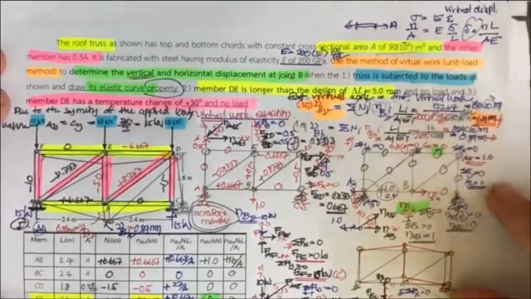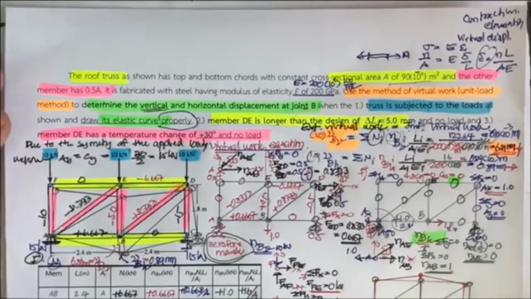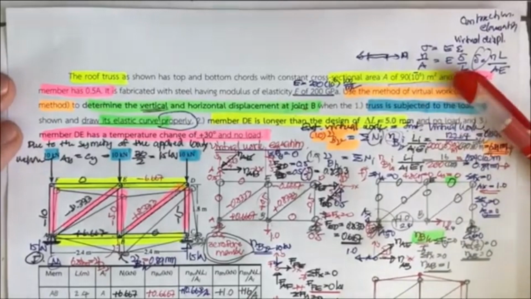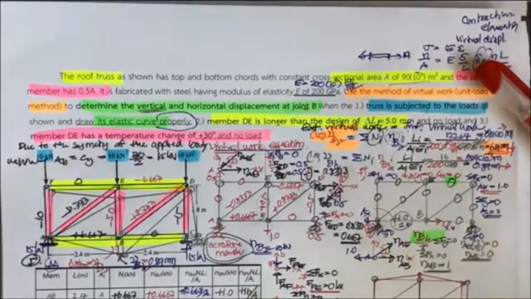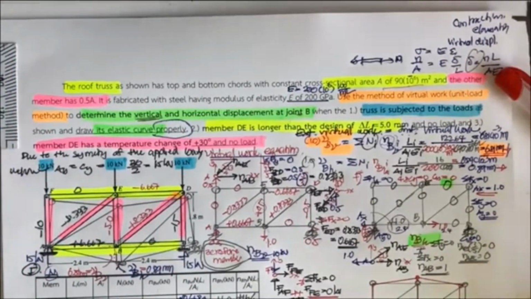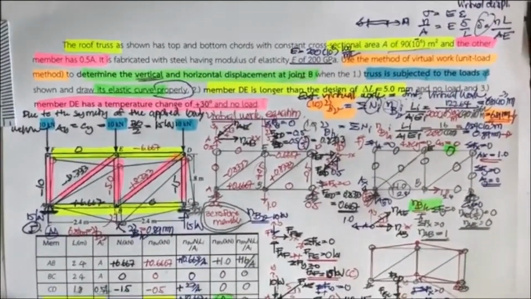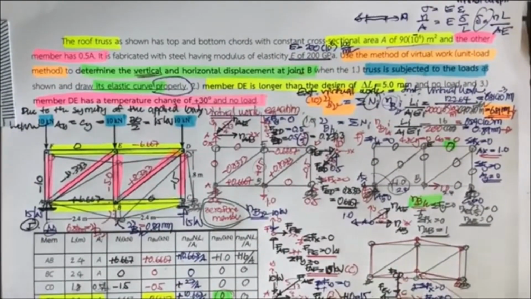This is a good example of a truss that involves many things, also including the difference in the area of the truss members. Okay, that is the end of the clip. I think you guys will study it and try to do it by yourself to improve your skill. Okay, that's it.